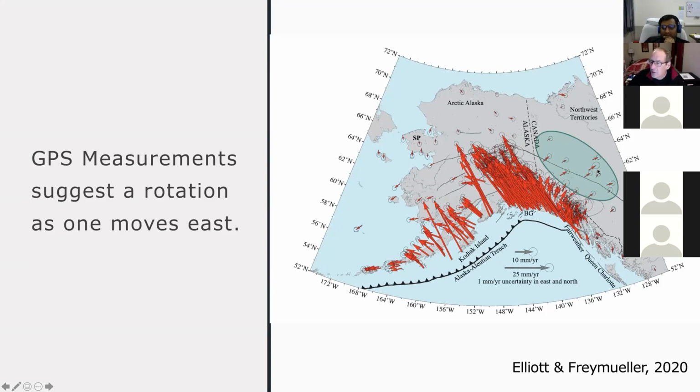These arrows are with respect to stable North America, which is somewhere over here. So what this means is the area is converging in a relatively uniform manner as the plate motion drops from whatever these arrows show to 0 somewhere out further east.